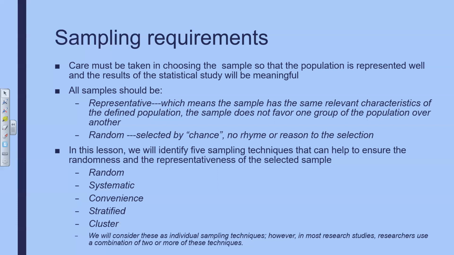In reality, in the real world, researchers often do what they call multi-stage sampling, and they use different techniques at different points of the research, again, to ensure that we have that representativeness and the randomness. But we're not going to look at them in that kind of multi-layer deal. One technique per scenario. Again, that's for the purposes of this course. So let's talk about these 5 and see if I can get through them. We got about 14 minutes.